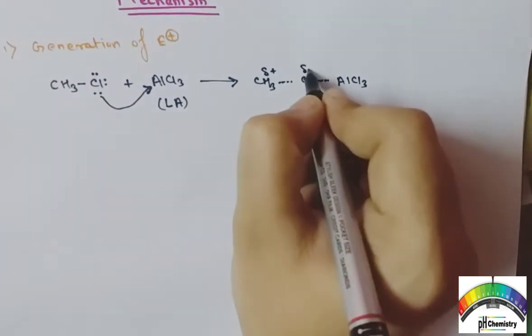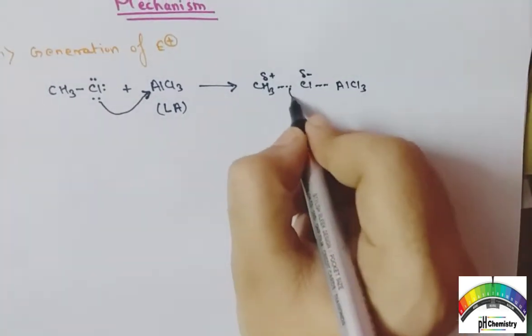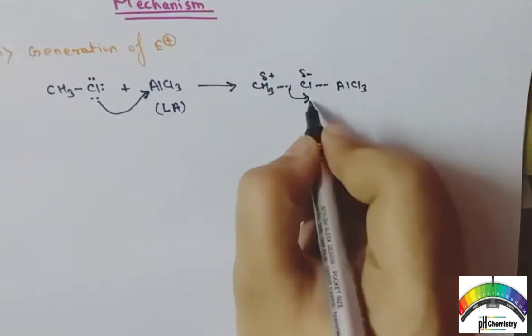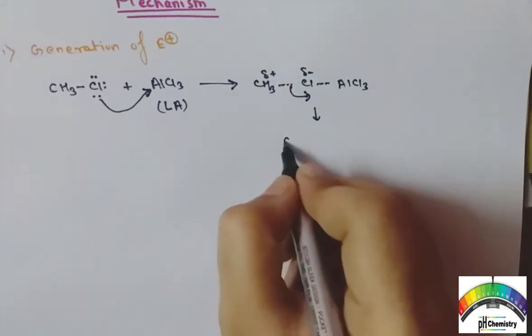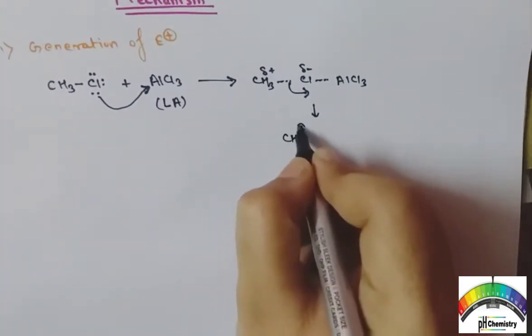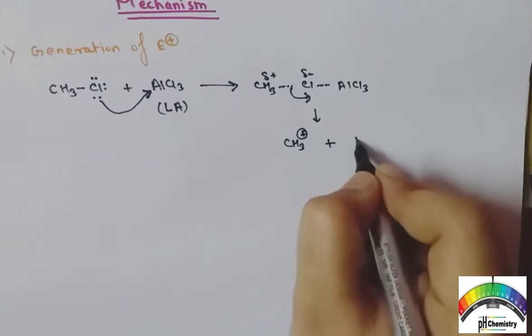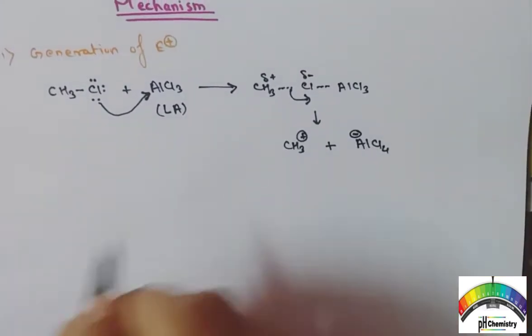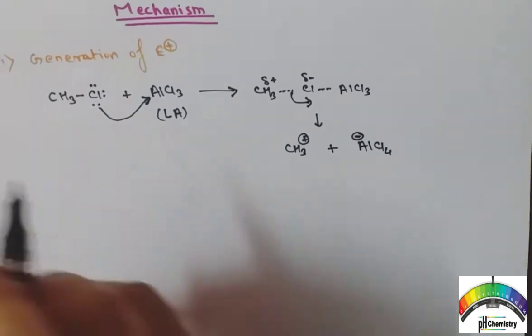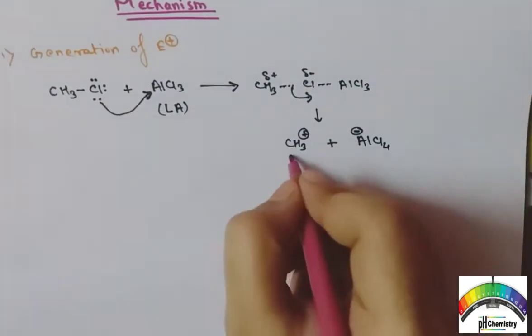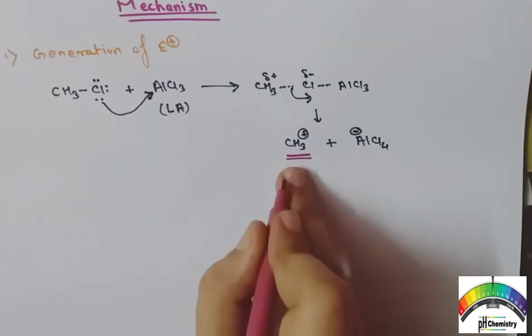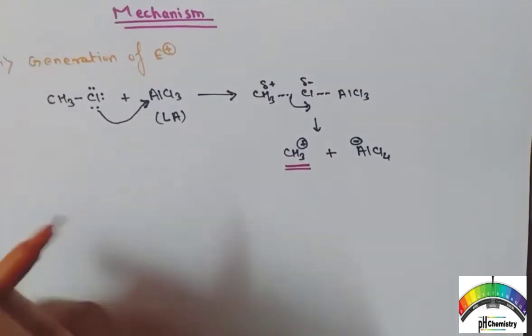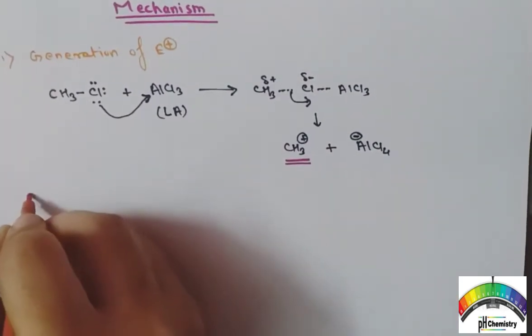Partial positive and partial negative charge form here. This chlorine will be removed after some time, and CH3 positive, this electrophile, is generated, and AlCl4 negative. Now you can see the electrophile is ready. Now this electrophile is going to attack the benzene ring.